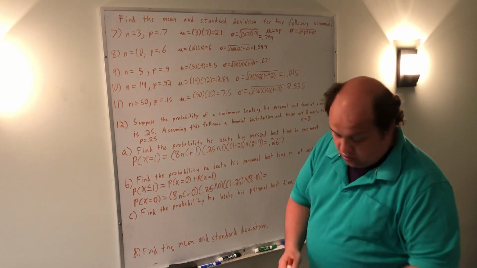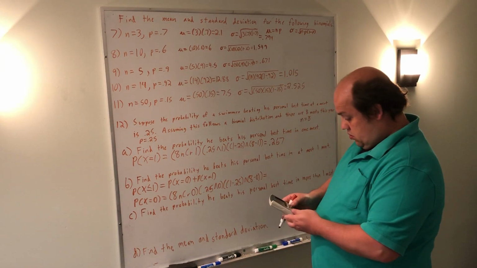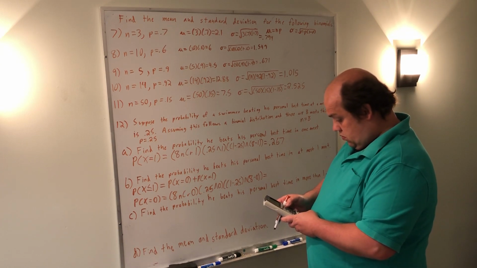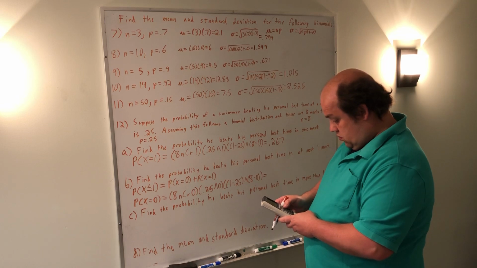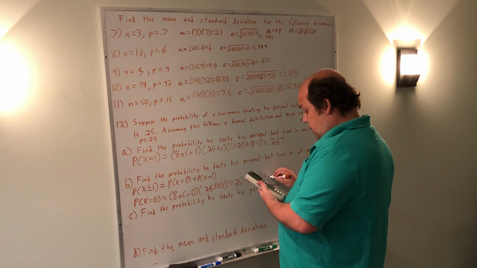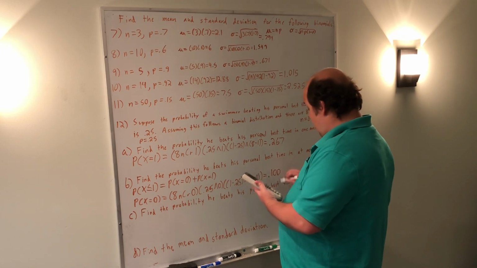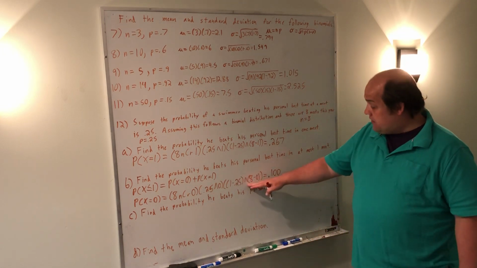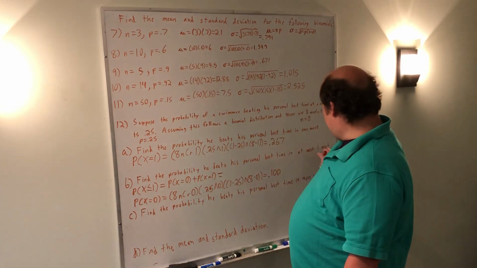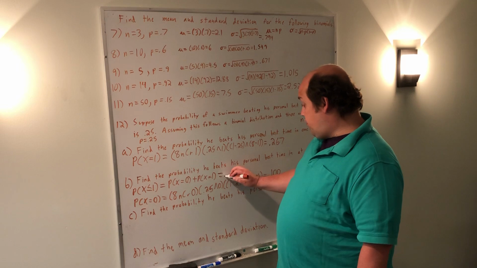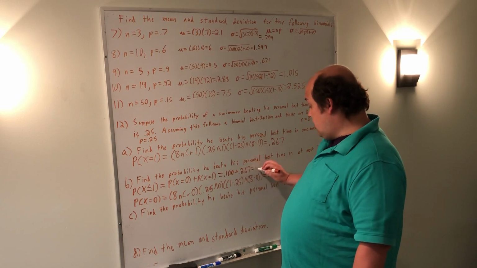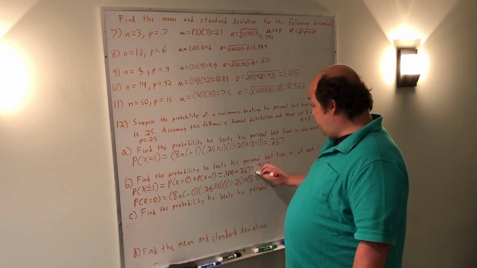If I put that all into my calculator, my calculator tells me the probability is 0.100. Now that we have 0, above we had 1, we can find the overall probability of at most 1 as 0.100 plus 0.267, which gives me an overall probability of 0.367.